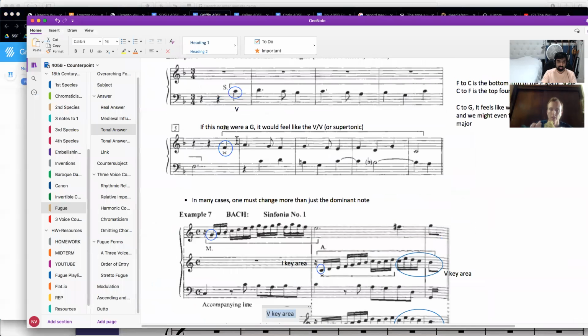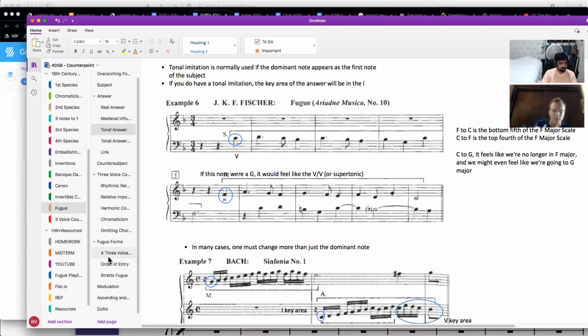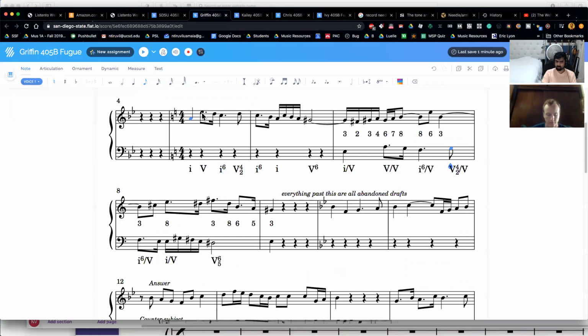So this is a classic case, because you don't always start with the 1. I'll show you here, for instance, this Bach. It starts on the 1 and it goes to the dominant on the 4th note. Even though it goes to the dominant on the 4th note, it's still close enough to the beginning of the subject that Bach needs to do a tonal answer. Which is interesting. So I think that's what you were asking.